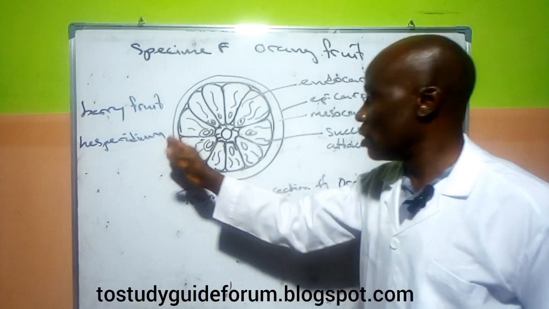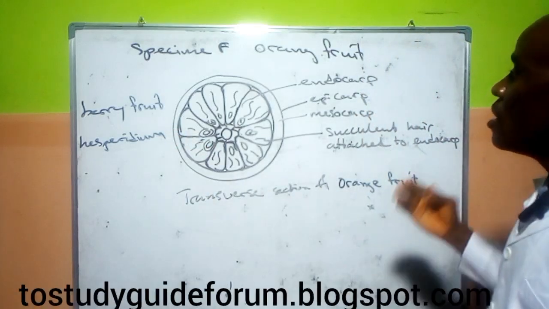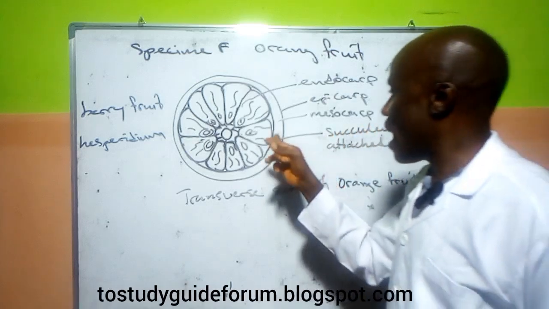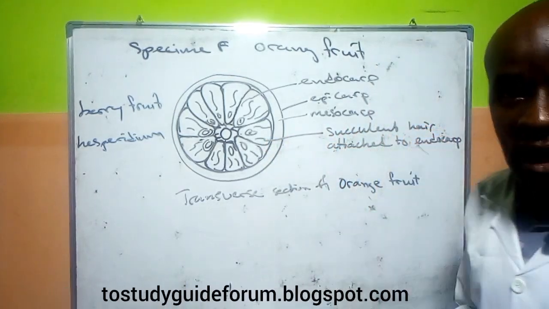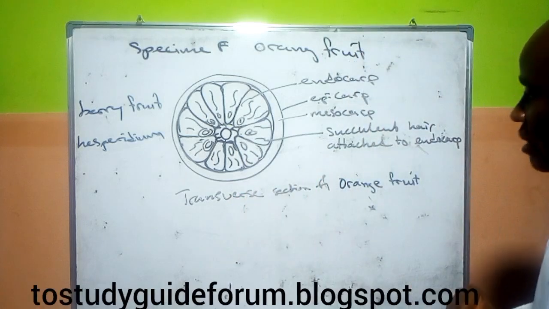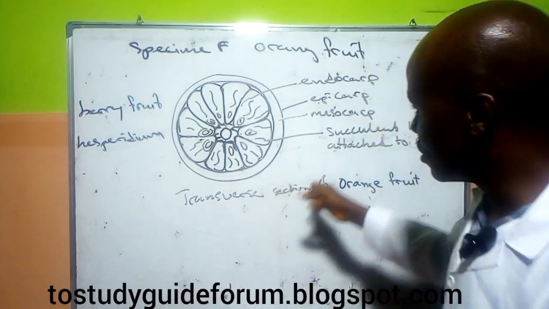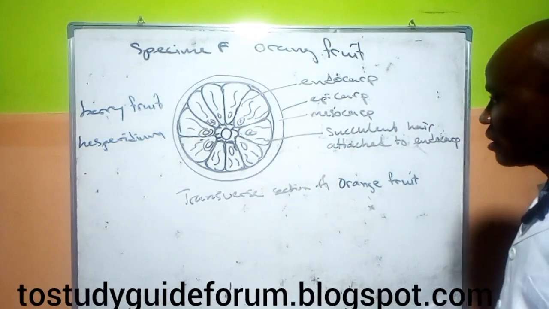So in this one, another thing about the hesperidium is that they have a hair-like succulent substance in them that is juicy, where you get the whole juice of the orange. You can also see it inside them.